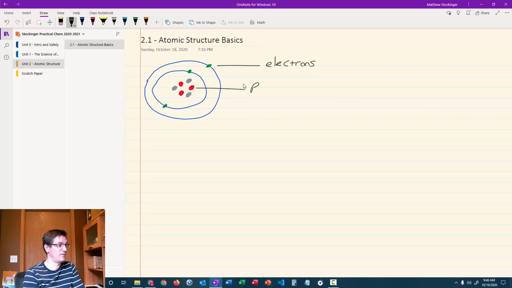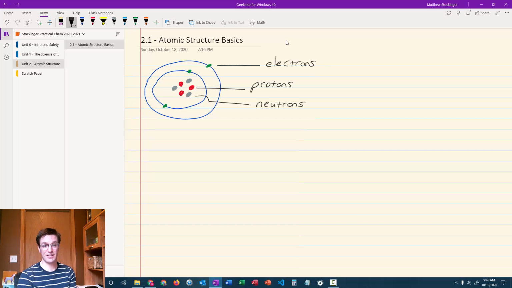Red ones are protons and neutrons. And these three things are called the subatomic particles. Sub meaning smaller than an atom. Subatomic, smaller than an atom.